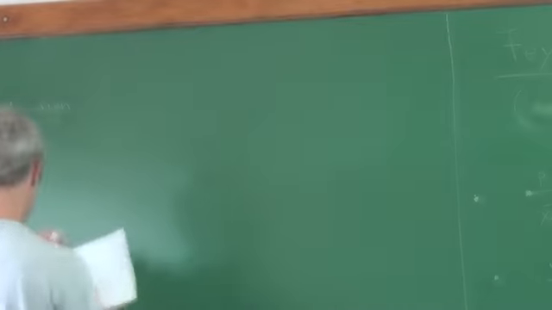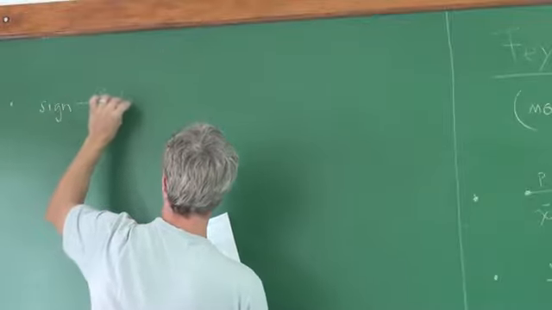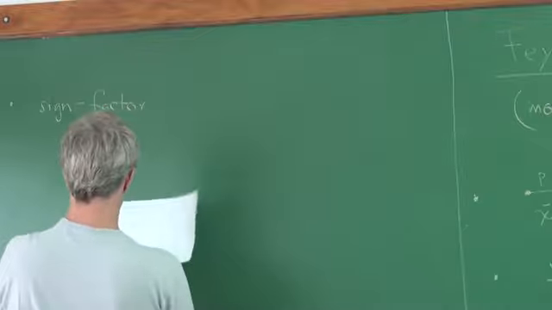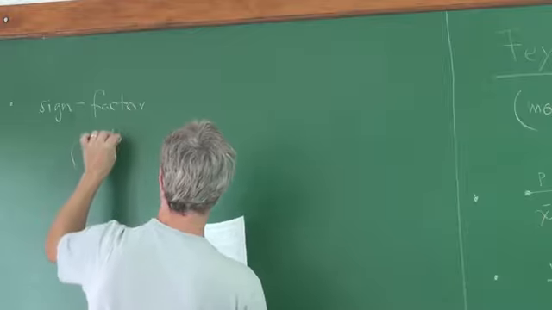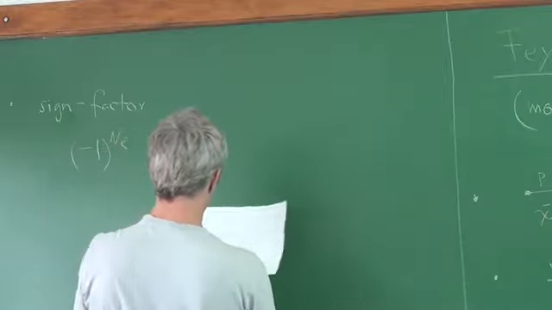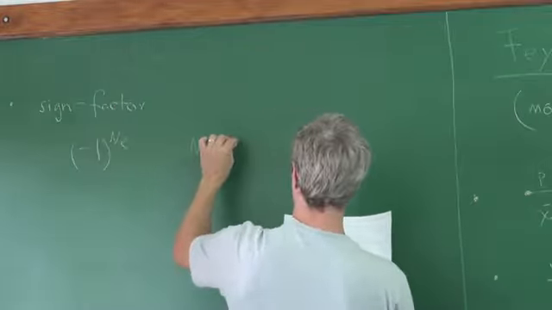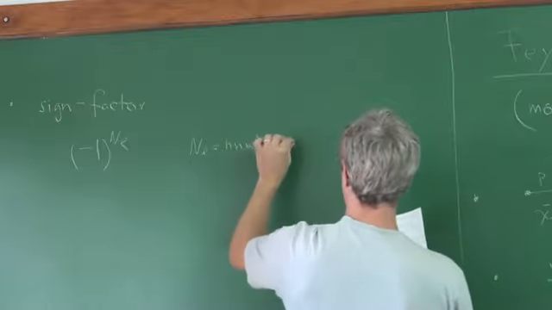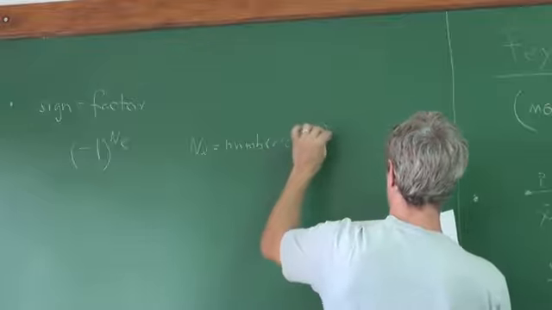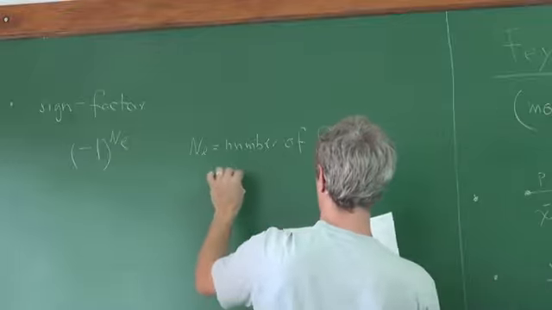And the rule for the sign factor is as follows. Once you have drawn the diagram, you know that the overall sign is (-1)^{N_L}, where N_L is just the number of fermion loops in the diagram, okay? So that's the loop order that we introduced last time.